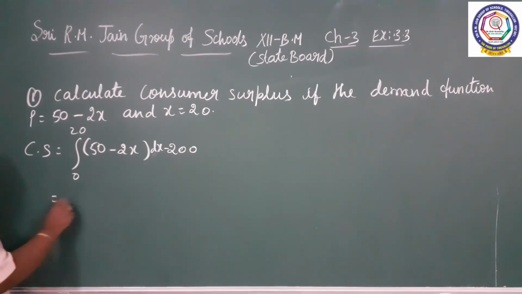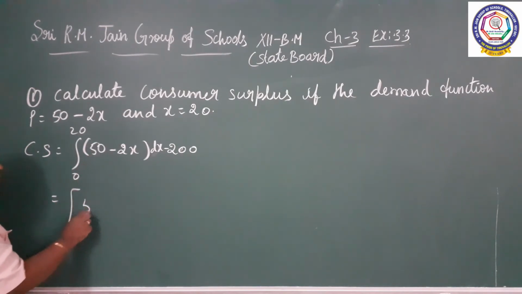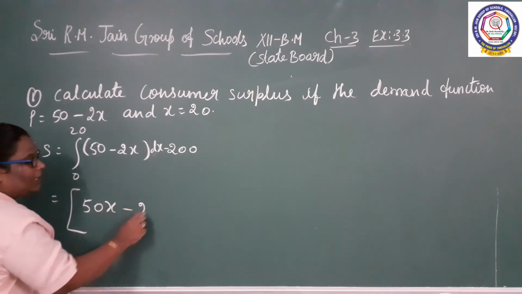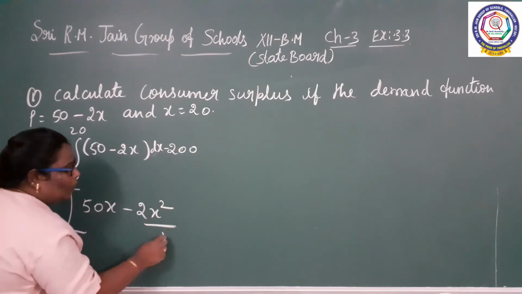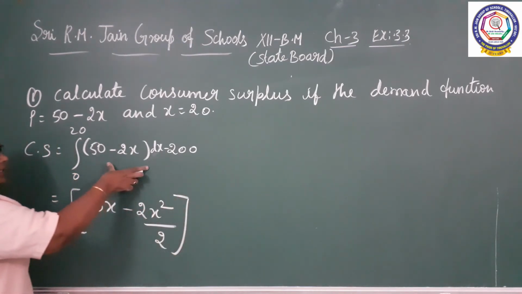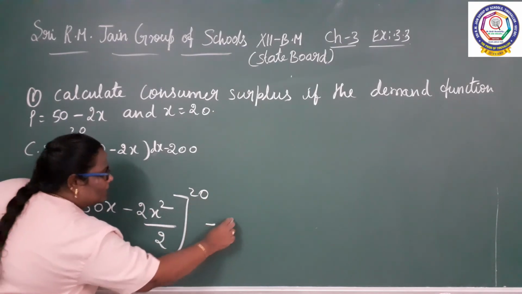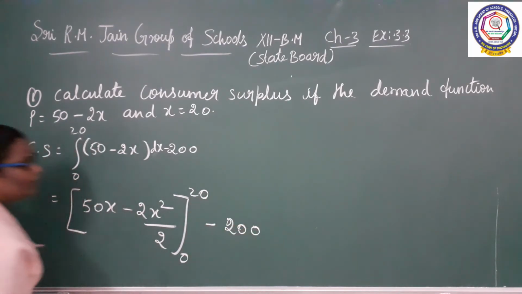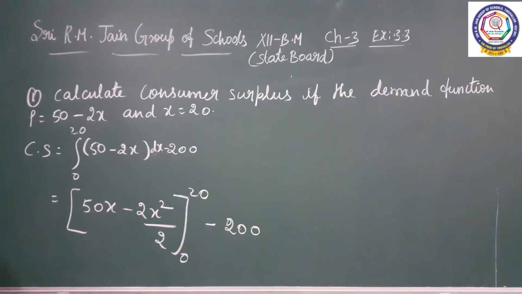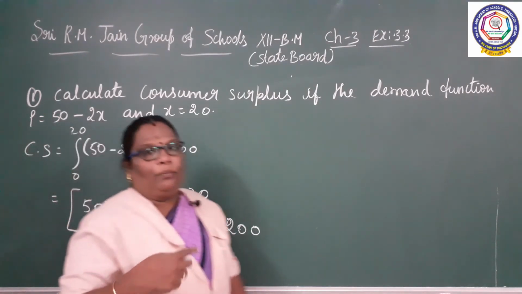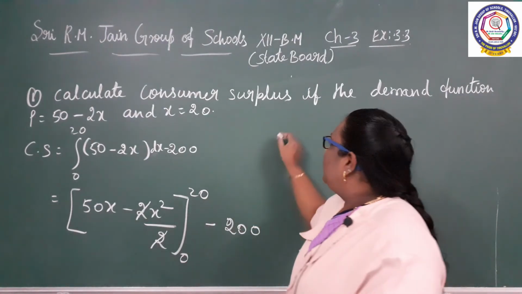So it gives integration of 50 is 50x minus 2x square by 2. The limit is 0 to 20, minus x naught p naught, so you can write separately minus 200. 2 gets cancelled. Now you can substitute the upper limit minus lower limit.